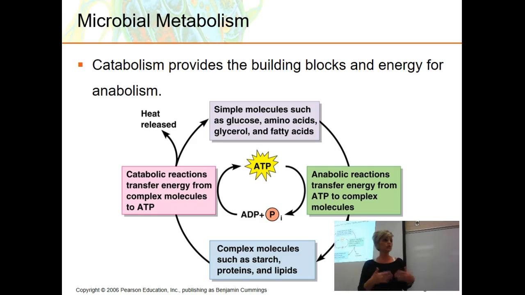And so utilizing these chemical processes in a microbe is very similar in importance to your body, when we talked about in A&P why we need energy and the chemistry of the body.